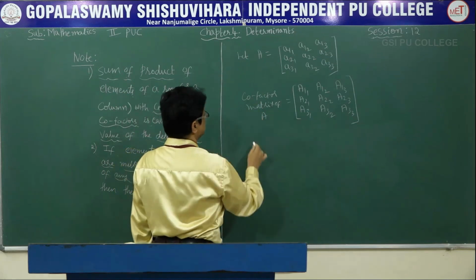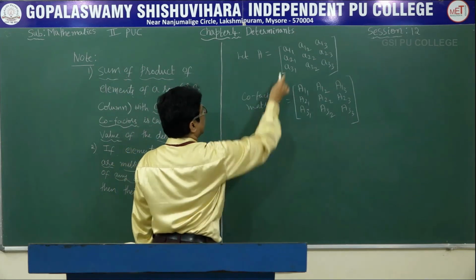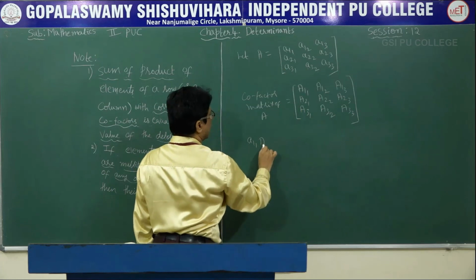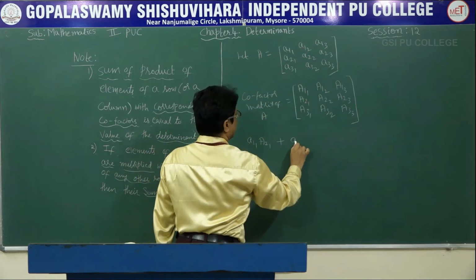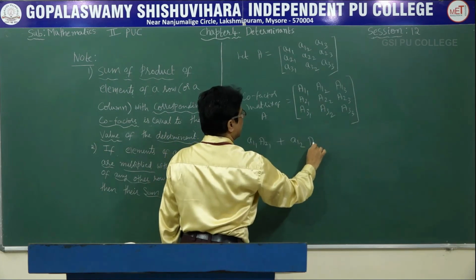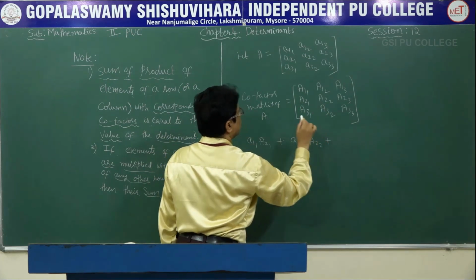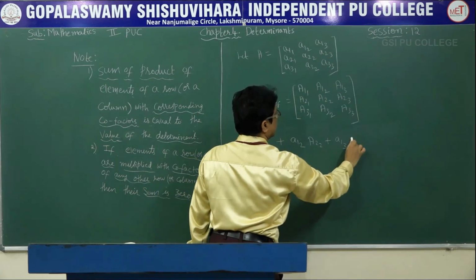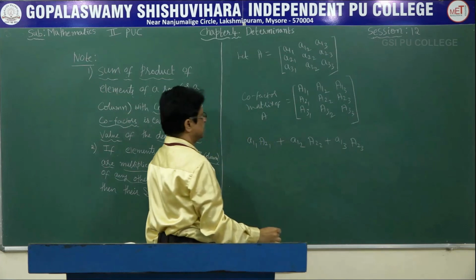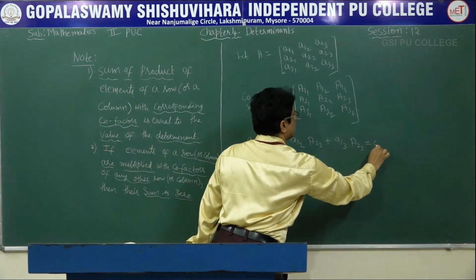That means A11 into A21 plus A12 into A22 plus A13 into A23 will be equal to 0.